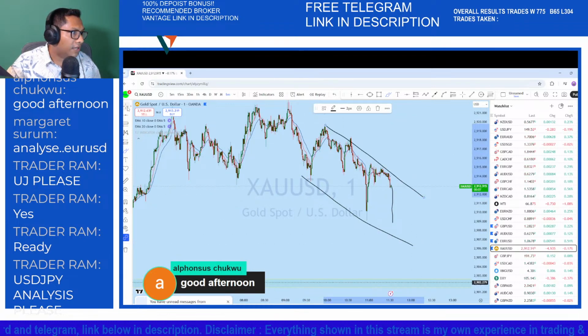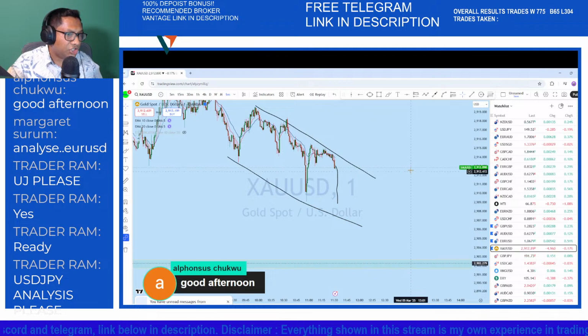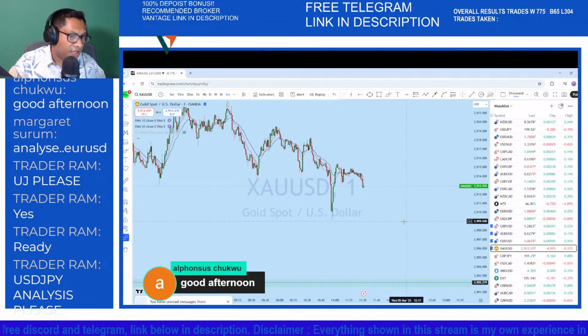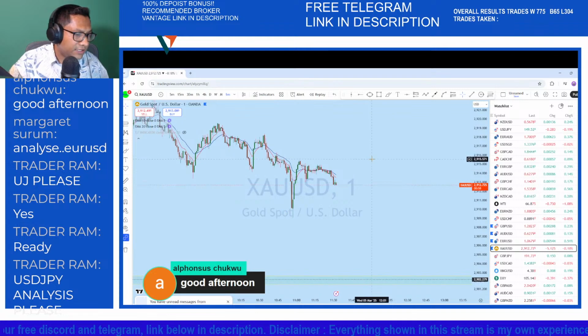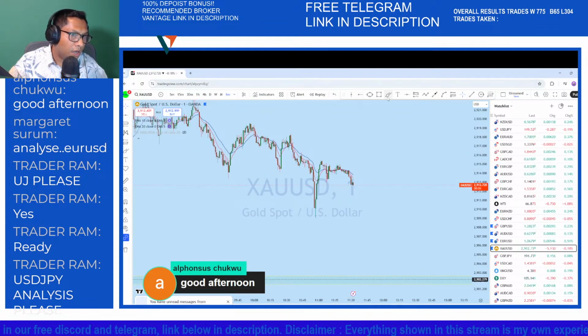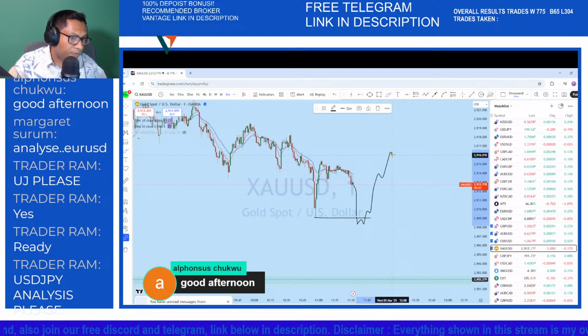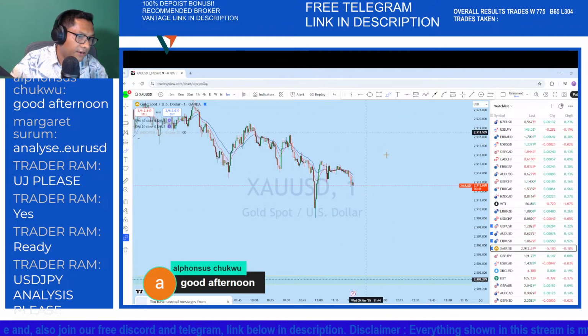This is the channel on XAUSD. In this channel, we can expect the price to potentially drop, break that low, and then bounce back up to create a new higher high here.